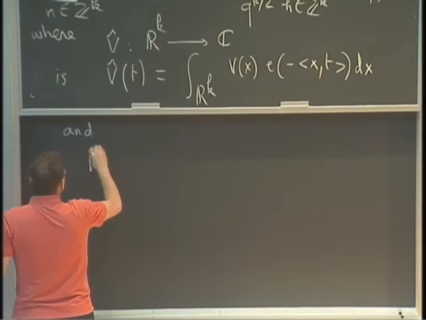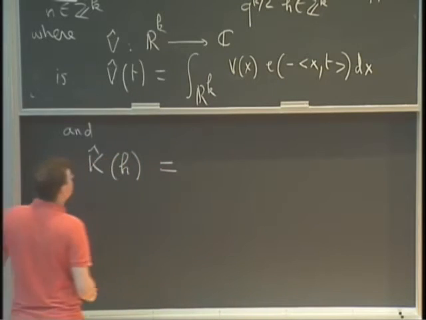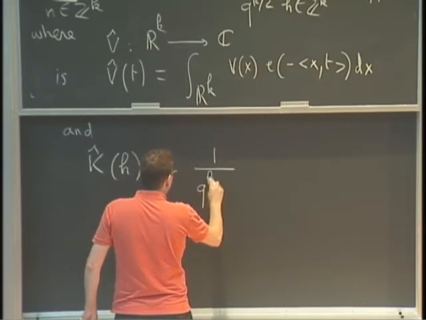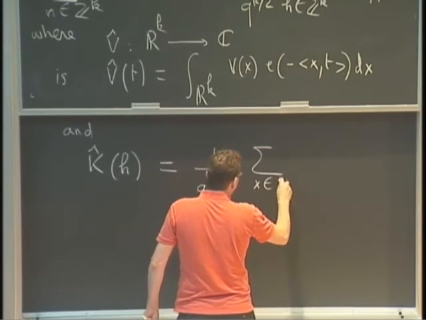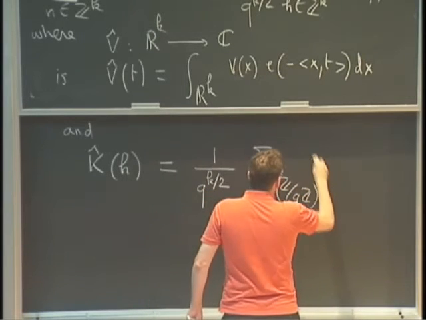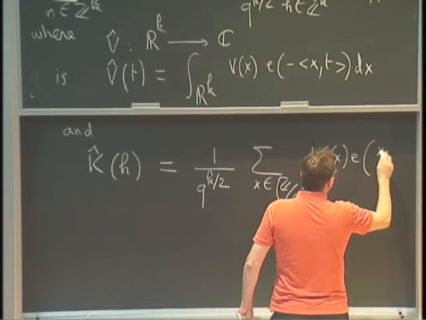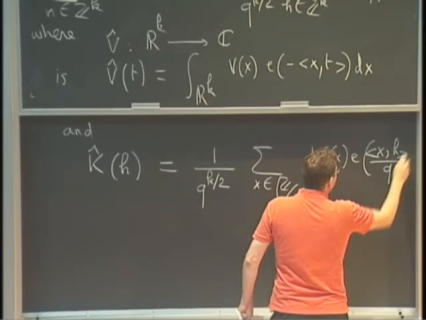And so the Fourier transform, the discrete one, for K is 1 over q to the k over 2 times the sum over x in (Z modulo qZ)^k of K of x, e of x inner product with h over q.